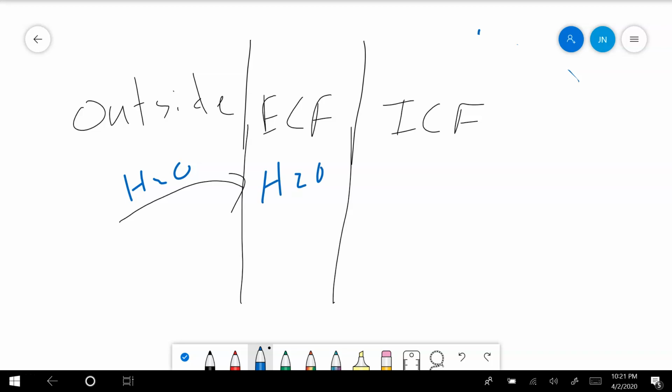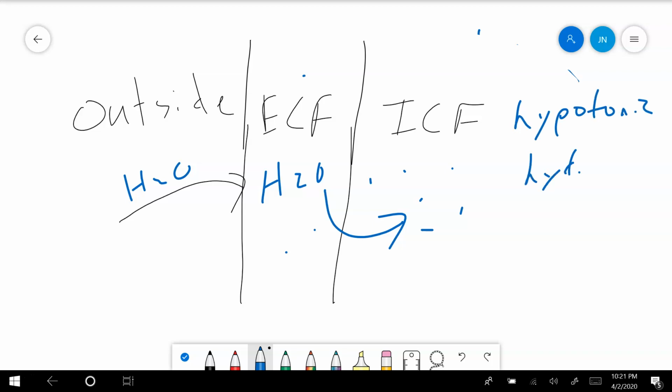We've added that water to this extracellular fluid compartment so the particles are spread out further. Water goes to the area of higher concentration, so that water is now going to go into the cells. And the cells are going to swell up. This is what we will call hypotonic hydration. Now, both dehydration and hypotonic hydration are issues.